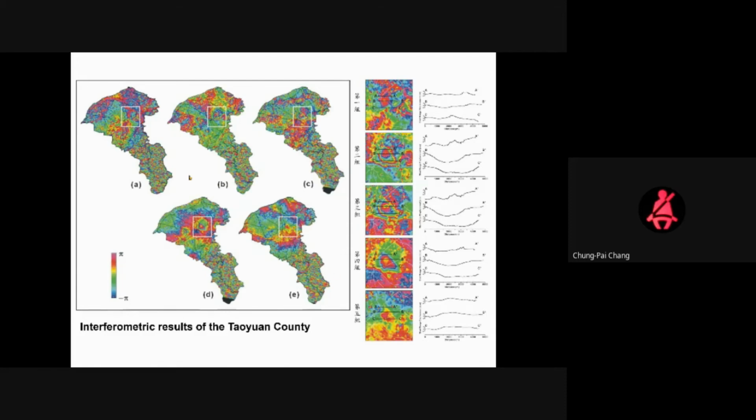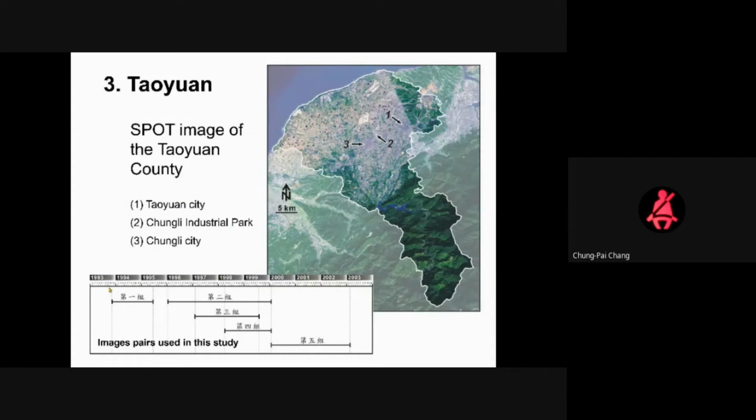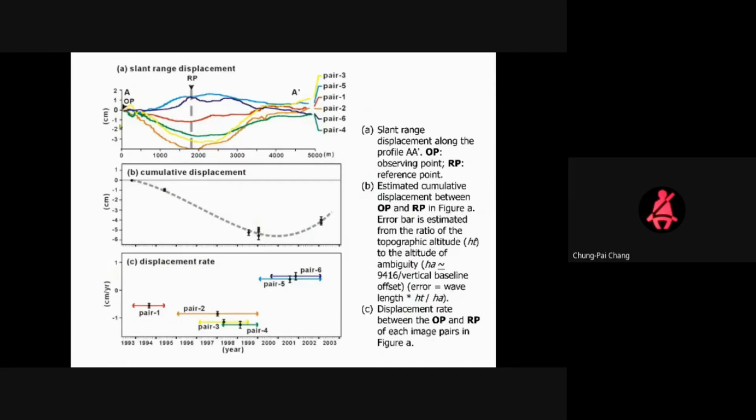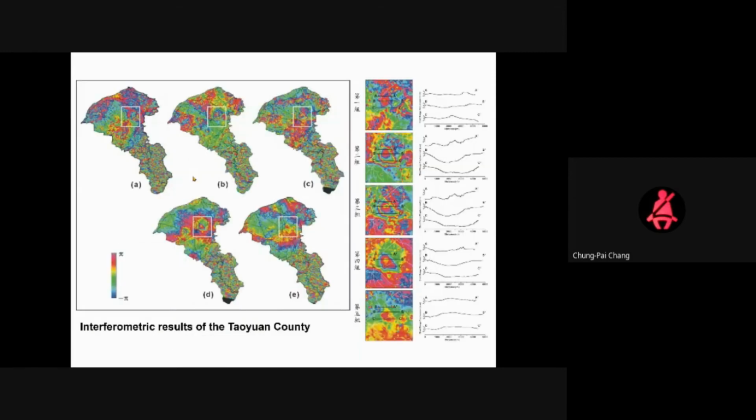So the time series is from 1993 to 2003, during 10 years. And this pattern, if we put that along with time, this is a cross section of this area, and this is time from 1993 to 2003. We calculate the subsidence amount of the center. I mean the center here, the center here.